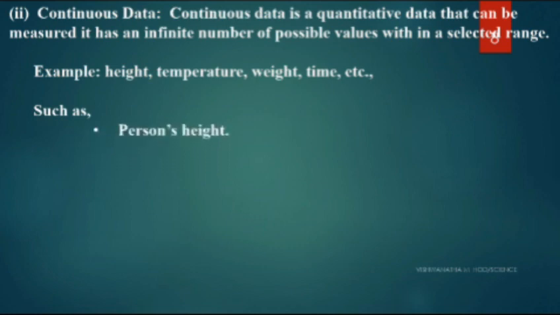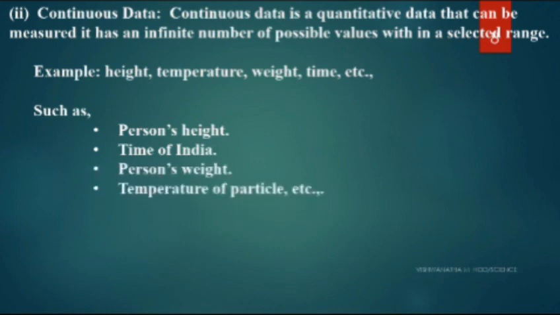A person has some height, and height is measured in terms of infinite values. Two people need not have the same height; the height varies from person to person. Time moves on continuously. And a person's weight, the temperature of a particle, etc. These are all examples of continuous data.